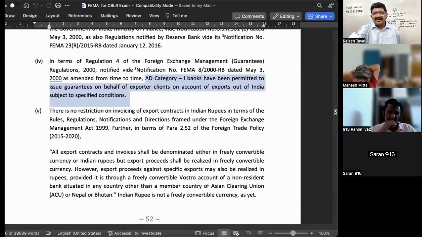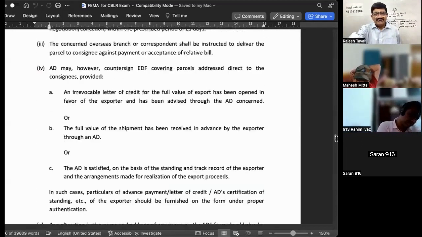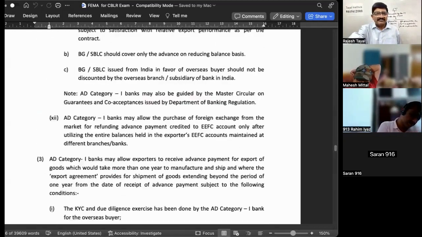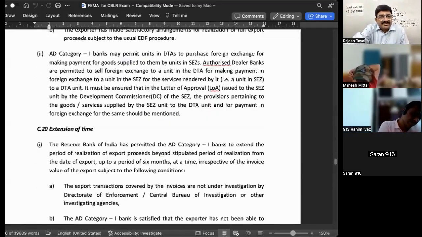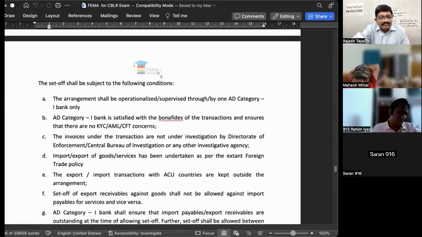Now for this, let me take you ahead just to correlate with this one. Point number D2.